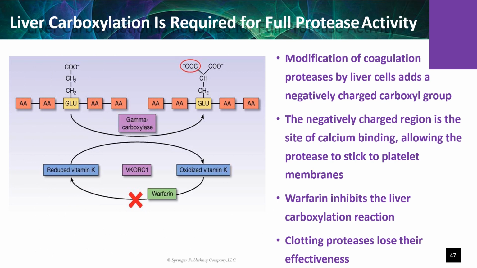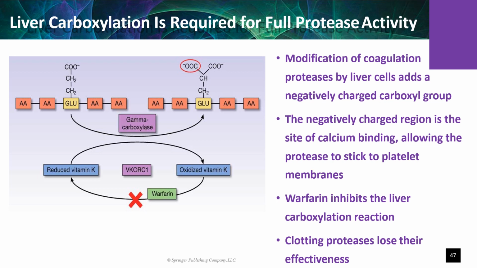The amino acid sequences of factors 2, 7, 9, and 10 include an N-terminal region enriched in glutamate residues. The glutamate carboxyl group is normally deprotonated and negatively charged at physiological pH. The liver enzyme gamma carboxylase adds one more carboxyl group, which is the red oval at the top of the image, to these glutamates in a post-translational reaction.